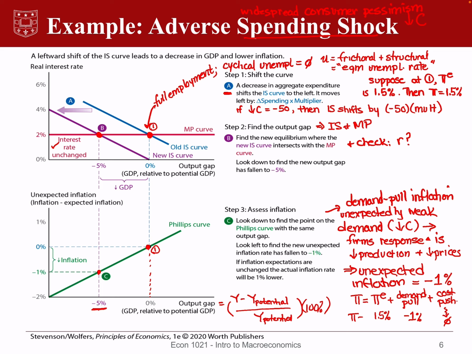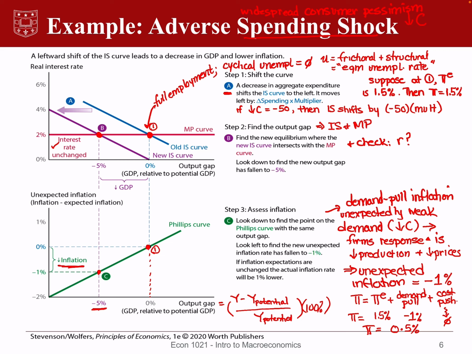Then that would tell me that the actual rate of inflation is 1.5% minus 1%, or 0.5% in this example. And so we can see, of course, that there is a reduction in inflation as a result of this leftward shift in the IS curve, or this adverse shock to demand in the macroeconomy. And the resulting inflation is lower than what was expected.